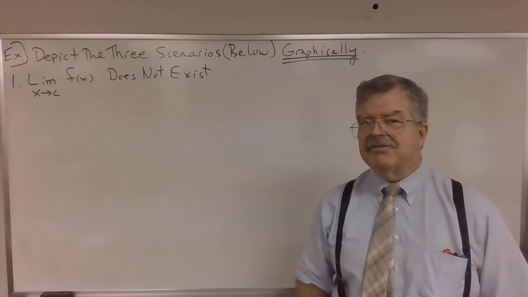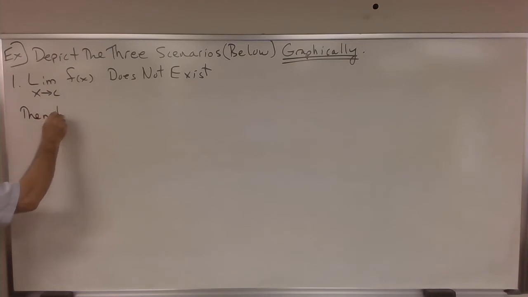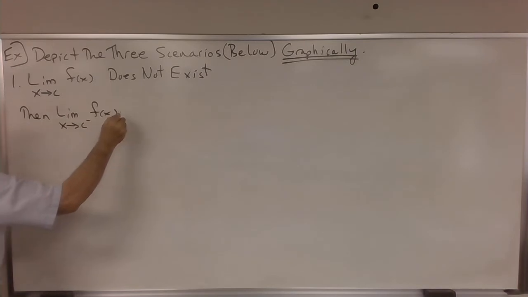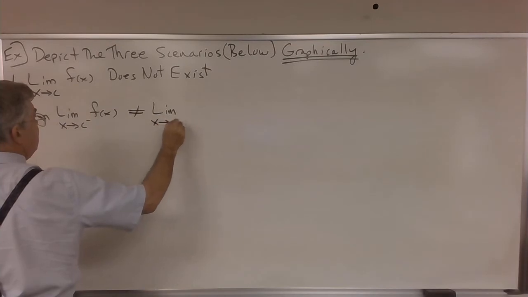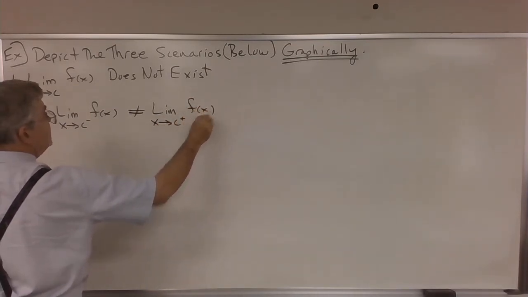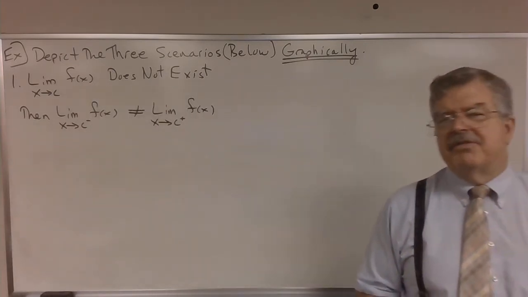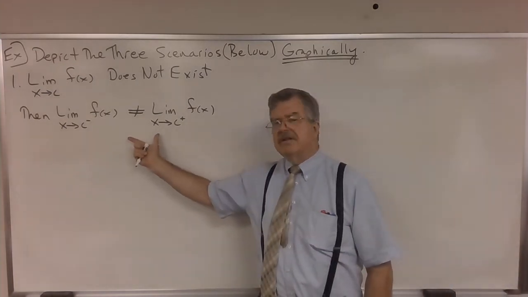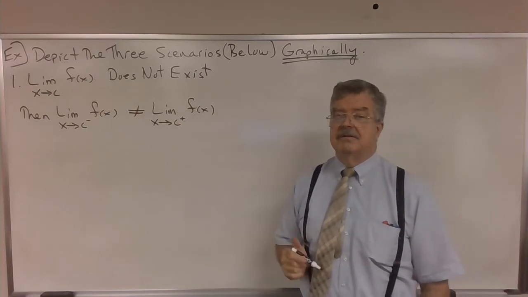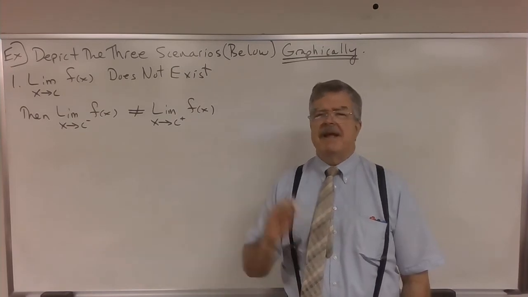Okay, let's look at that. If, quote, the limit, end quote, doesn't exist, it's because the two one-sided limits are not equal. So let's just make up an example.